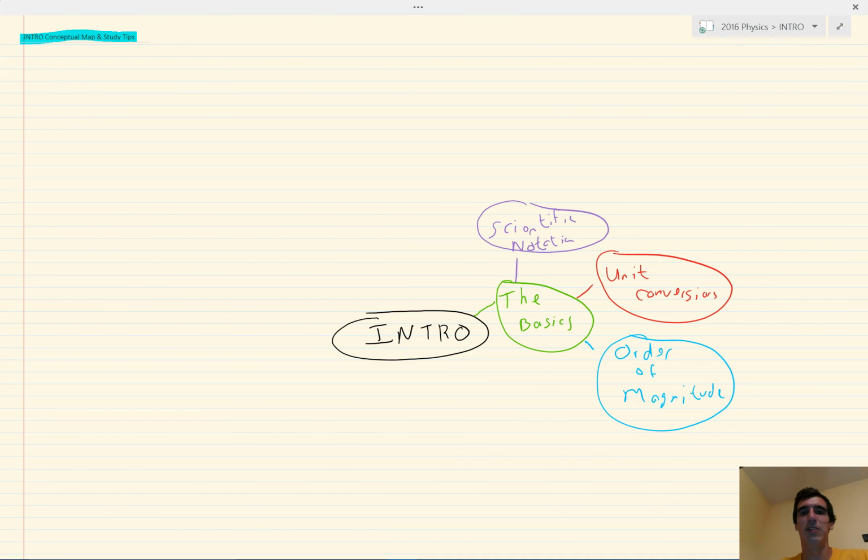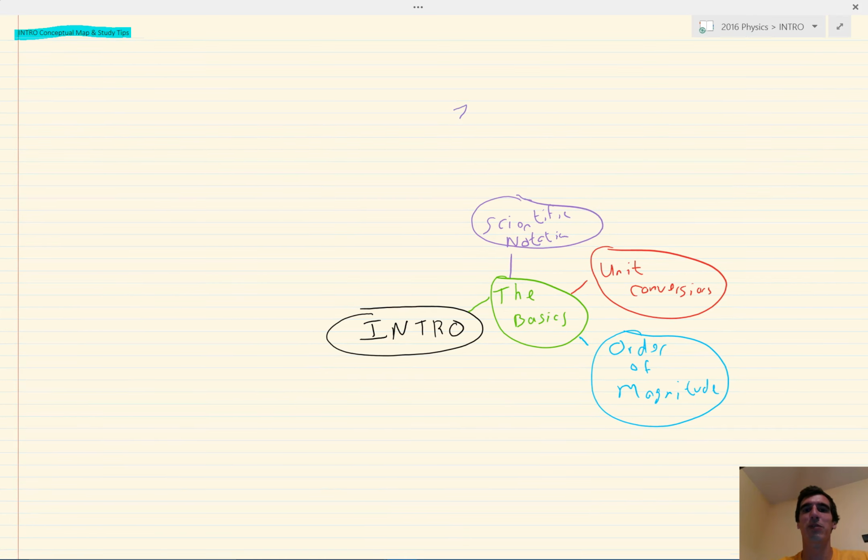So scientific notation, let's go into the details of what we did. We had two ways of writing scientific notation. The first was for numbers that were greater than 1, and we counted our decimal places from right to left, and when we wrote our exponent to the power of 10, it was a positive exponent.